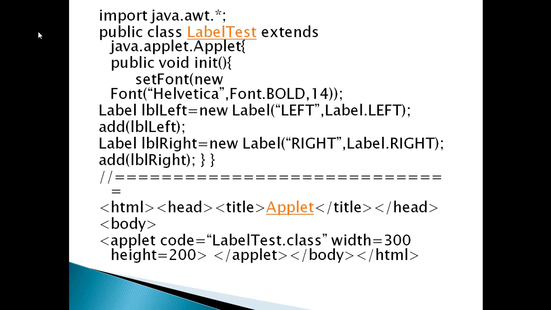Applet, its attribute code equals our class name, LabelTest.class, width and height, which specify what size of window we need. Width equals 300, height equals 200. Close the applet tag, close the body, close the html tag. This is the simple program to create labels.